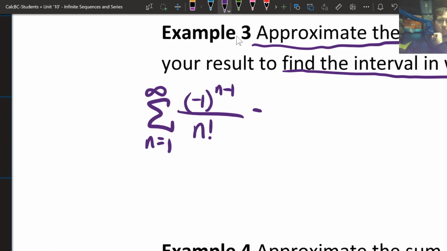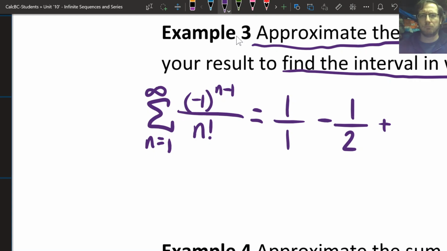Yep. All right, so first term. If I plug in a 1, my power there, 1 minus 1 is 0, so that means this is just a plain old 1. 1 factorial is just 1. So that's a 1. And then plugging in a 2, our second term, 2 minus 1 is 1, so we're going to get a minus with a 1 on top. 2 factorial is just 2.